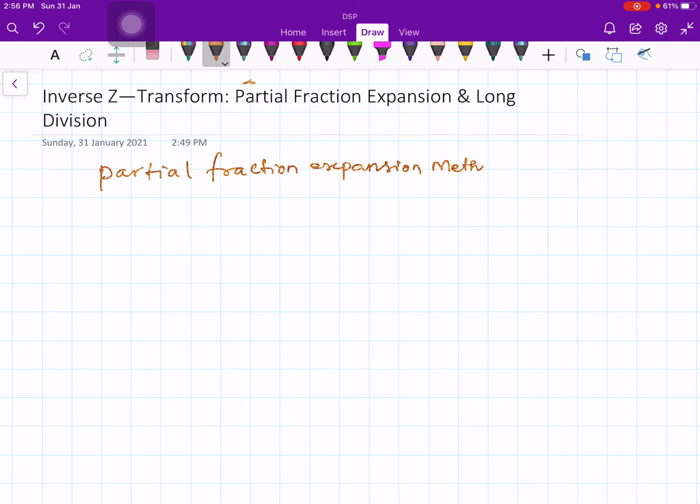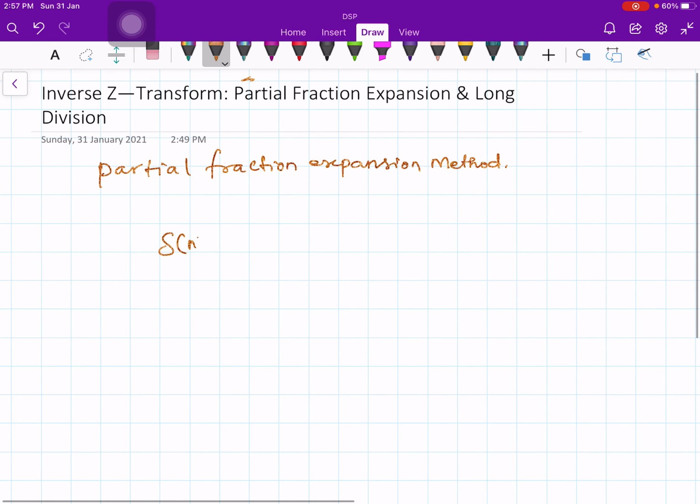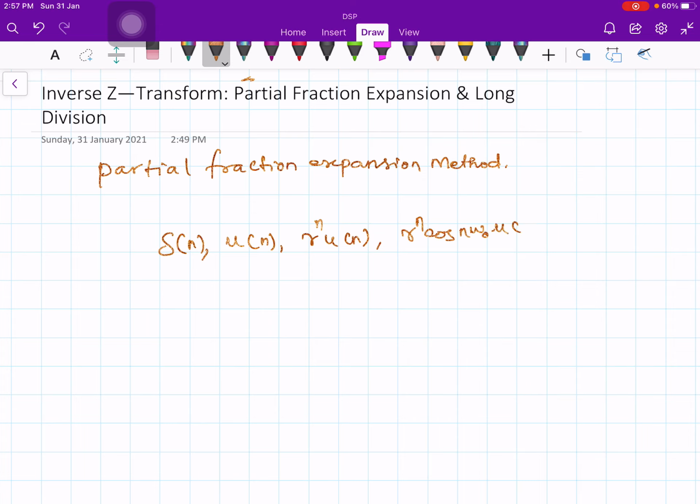And this method is very popularly used to find the inverse Z transform. Now in the previous lecture I told you that if you know the Z transform of delta of n, a to the n u of n, then r to the n cos of n omega naught u of n, comma r to the n sin n omega naught u of n, then you can perform any Z transform or its inverse Z transform.